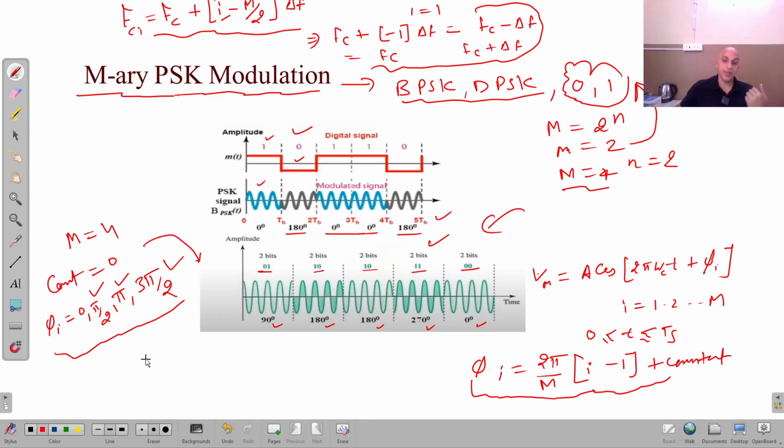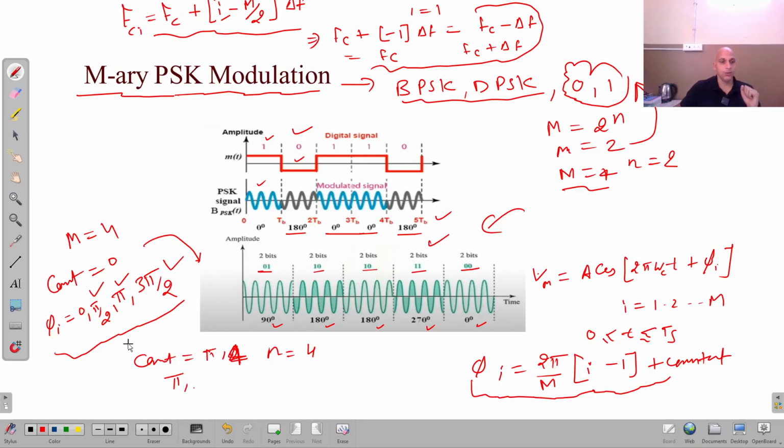Now we can have another kind of M-ary PSK modulation, where the constant is taken as pi by 4, not pi by 2.